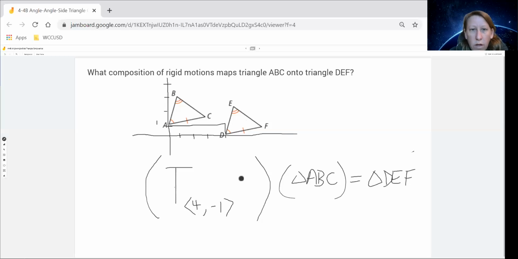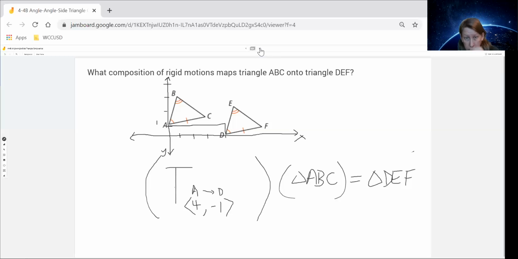Or if we don't have a coordinate plane, we can say that we can move it so that point A would map onto point D. So we're going to move it until A matches up on D. I'm not sure about this notation, but remember we use those pointy angle brackets if we're talking about the vector. We're moving it from A to D. It goes right 4 and down 1.